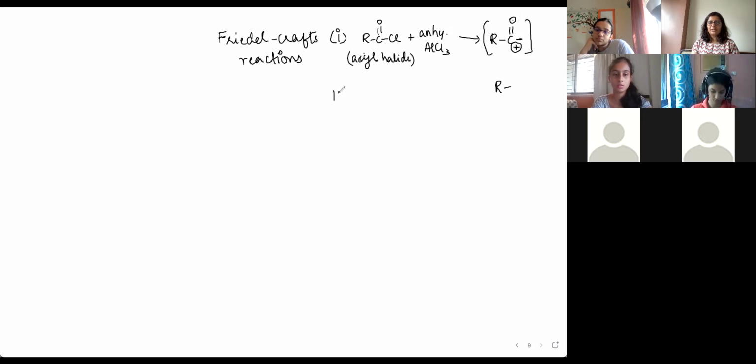Okay. The next one is alkylation. So in alkylation you introduce R plus, an alkyl group, like CH3 plus, C2H5 plus, that way. How do you get a carbocation?